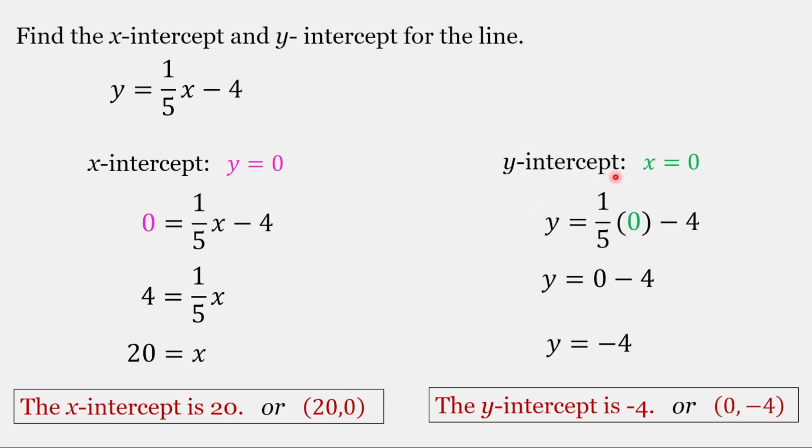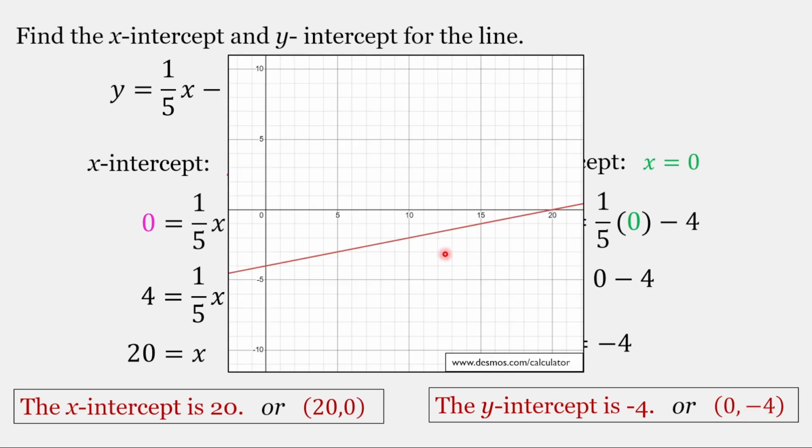And then for y-intercepts, the x value will always be 0. So we plug in a value of x equal to 0 into the equation and then solve for y, giving us a y-intercept of -4, which is the same as the ordered pair 0, -4. And then looking at this graph, we see that it crosses the y-axis at -4 and the x-axis at 20.